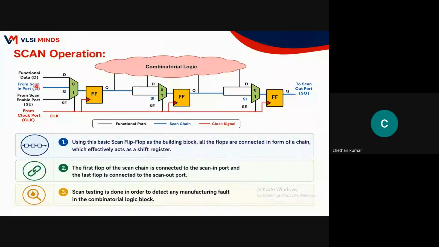And the scan data will be controlled from the primary input. This is the input pin for the test, created by DFT engineers. And the port to control between these two, D and SI, is SE, the pin which controls. There is a little correction here, a mistake, so don't consider this.